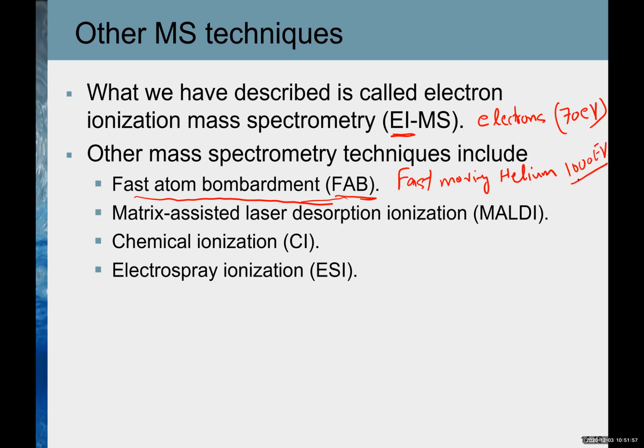So in fast atom bombardment, we are in the keV range, kilo electron volt range. Kilo means 1000. So you can see it's much more energetic as compared to EIMS. What do you think? Is it a refined technique?